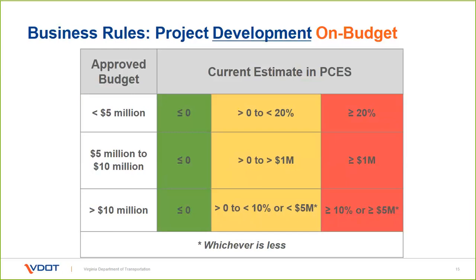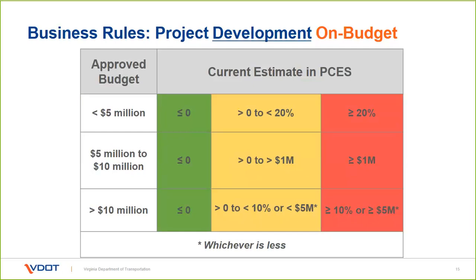So if you're under $5 million and your estimate in our project cost estimating system is between 0 and 20% of that set budget, then it goes into the yellow. And if it's over 20%, it's considered red. The red marks there are taken directly from the CTB policy for rescoring. Just because you're red doesn't mean it goes back to be rescored, but it is the same threshold.